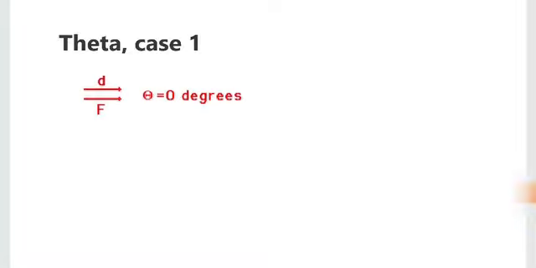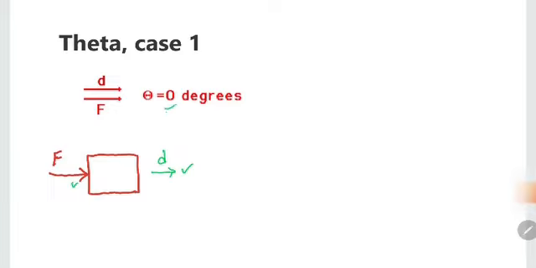So, ano ang value ng theta kapag ang force ay in the same direction as a displacement? For example, this is a free body diagram. You put a force here, papunta sa right. So, of course, because of that, nag-displaced yung box to the right. So, as you can see here, force and displacement is pointing in the same direction, di ba? So, wala kang angle between them. Okay?